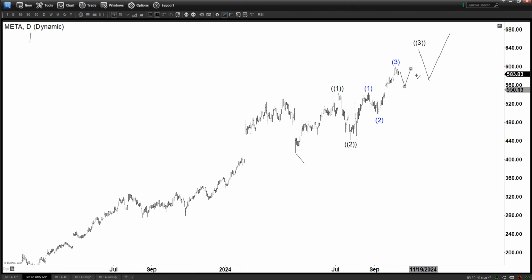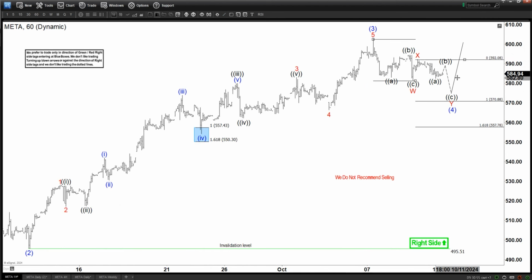So I think this entire move up here can easily last until the end of the year or even going into next year. So in the meantime, a pullback again is going to give you an easy opportunity. You know the right side very clearly, so you just need to continue finding the next support zone to be able to continue buying the dips.